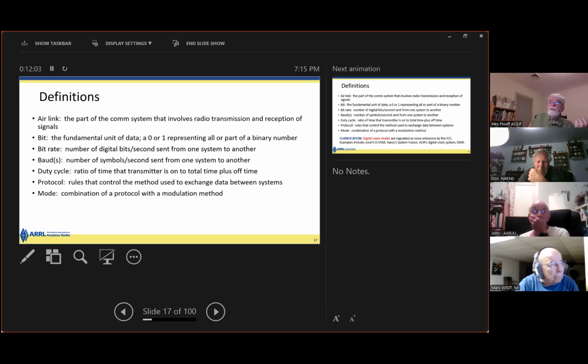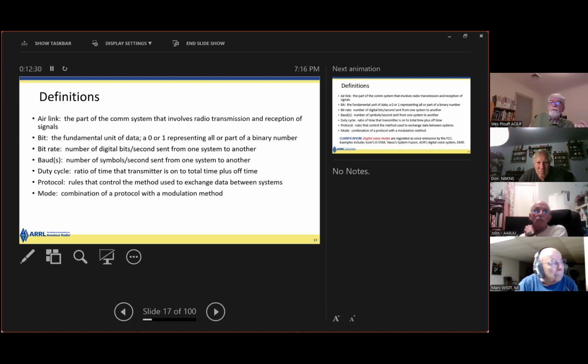A bit is just a binary digit. It's a zero or a one, and it represents one bit of information. So the bit rate is the number of digital bits per second sent from one system to another. The baud rate is the number of symbols per second that are sent from one system to another, and I will talk about the difference on the next slide.